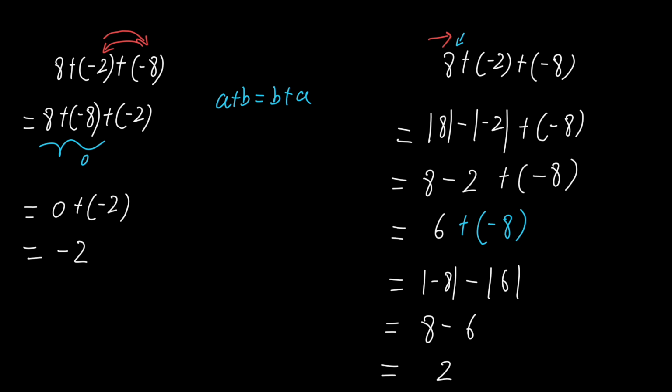But don't forget we have to consider the sign. Because 8 is greater than 6, and we don't care about the sign right now, but this time when we see this 8, there's also a negative sign. Then this time we've got to consider the negative sign, and we put the negative sign at the end. So we have the same answer.